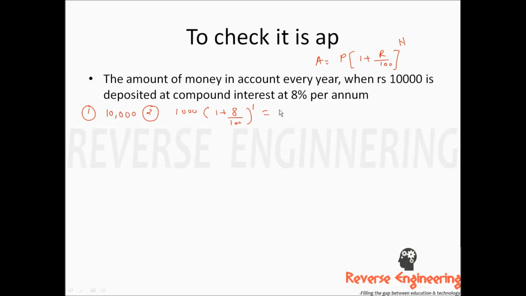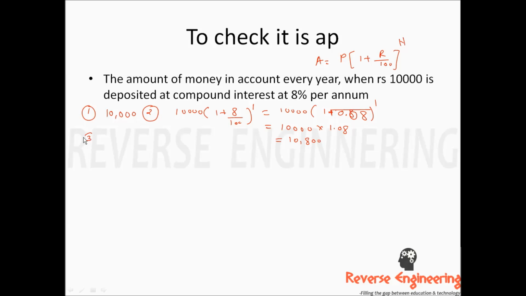The calculation is 10,000 into (1 plus 0.08) raised to 1, which is nothing but 10,000 into 1.08. The answer will be 10,800.